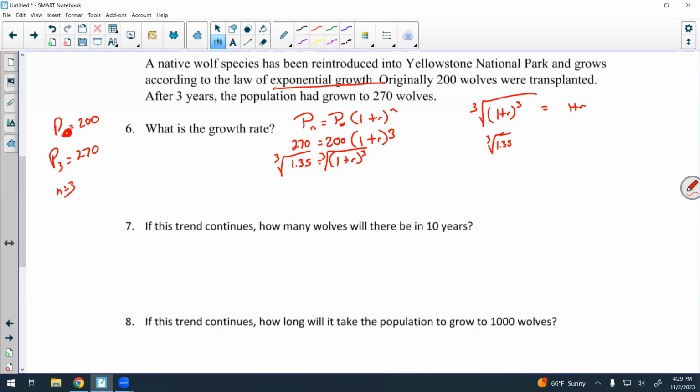How do we do this on our calculator? 1.35 to the, open the parentheses, 1 divided by 3, close your parentheses. And you should get 1.1052, which you would know if you'd done the homework.